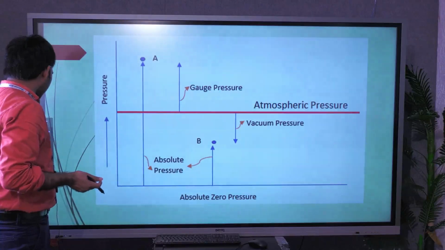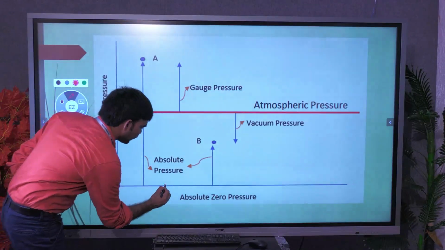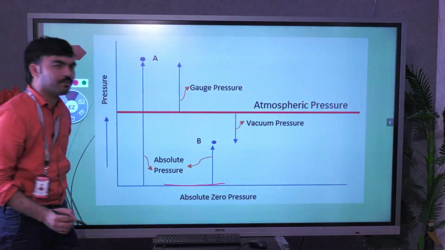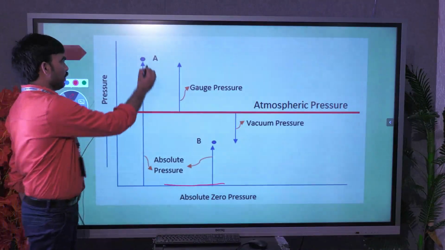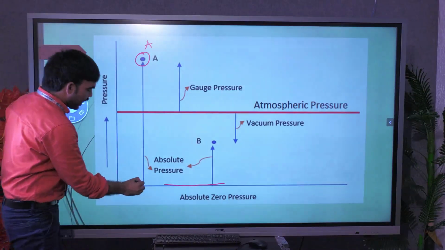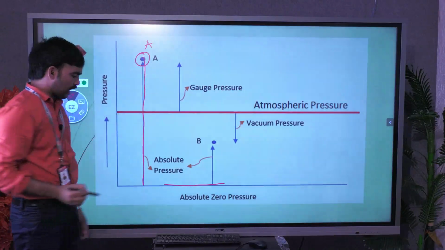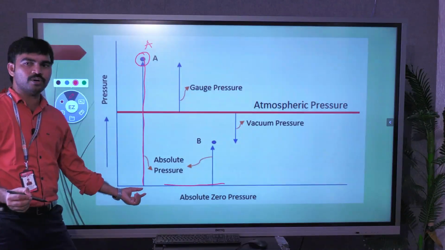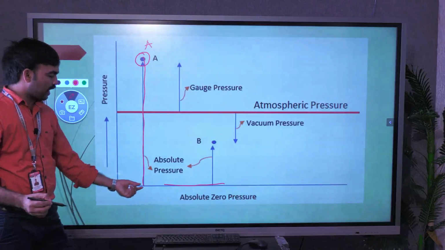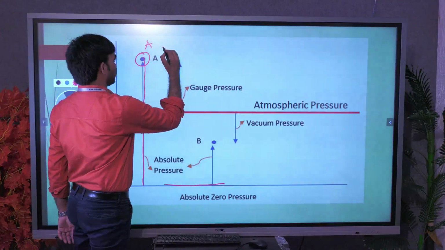Yeah, if you carefully observe this figure, this is absolute zero. This line represents absolute vacuum or absolute zero. So for example, I am measuring the pressure at a point A. I am taking the reference as absolute zero and absolute vacuum, so that pressure you can call absolute pressure.